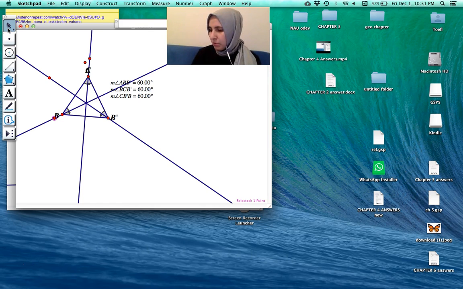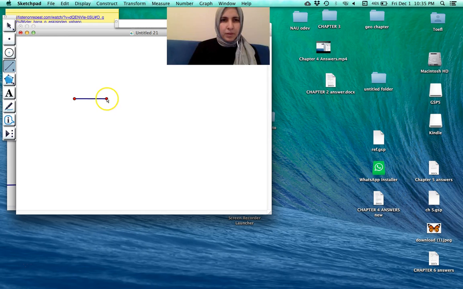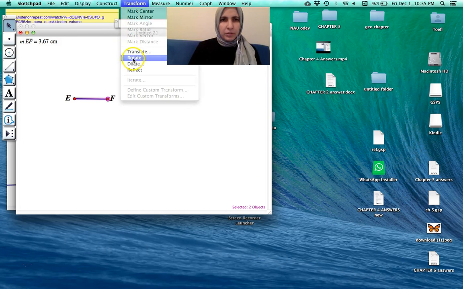Question 8. Create and explore a square. How many different lines of symmetry does a square have? Let's go to the file and make a square. Find the length first, and then go to mark mirror and pick these and reflect. Not reflect, rotate.